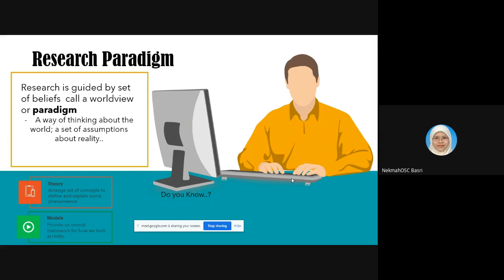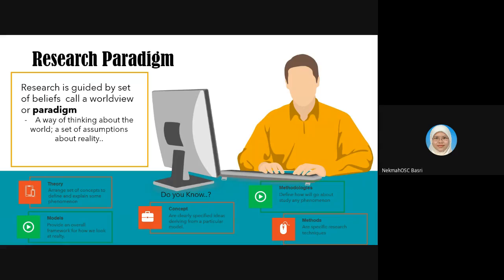It's followed by models that provide an overall framework for how we look at reality. Then the concepts are clearly specified, deriving from particular models. Methodologies define how we will go about studying any phenomena, and finally the methods are the specific research techniques we are using.